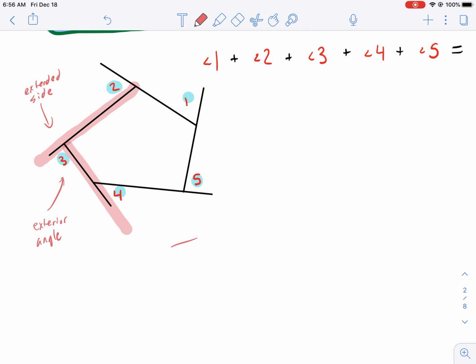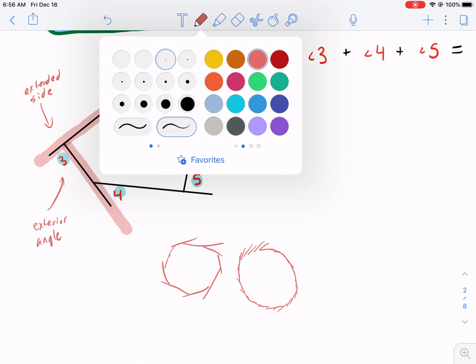But what if I added more sides? What if I added lots of sides? You can see here I'm adding more sides, and it's starting to look like a different shape. So as I add even more sides, I'm going to add a ton of sides here and extend these lines. I'm creating a shape with lots of sides, I think like 20 or something. You can see it starts to take shape.